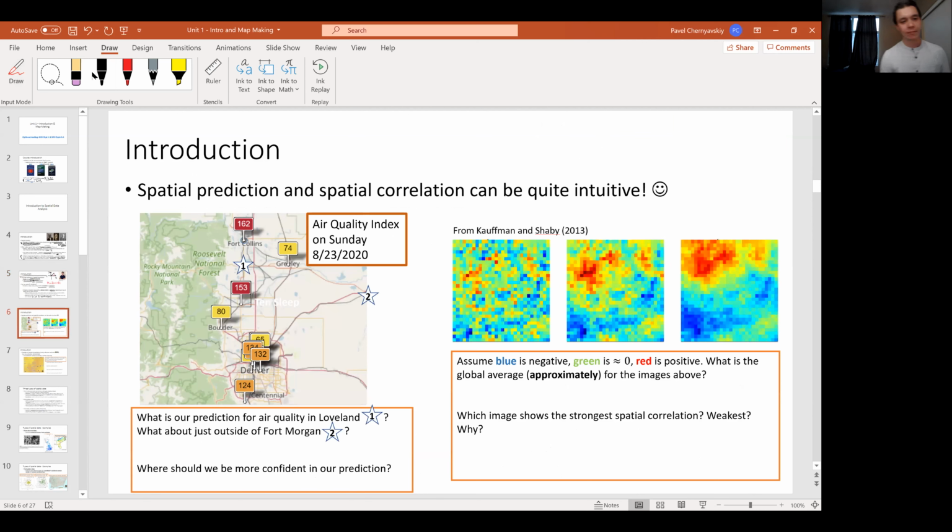Okay. What I like about spatial analysis, and specifically our concept of spatial correlation and spatial prediction, is that they can be quite intuitive. So I mentioned that, this weekend in Fort Collins, the air quality was very bad. There's a few wildfires. I think there's a wildfire around here.